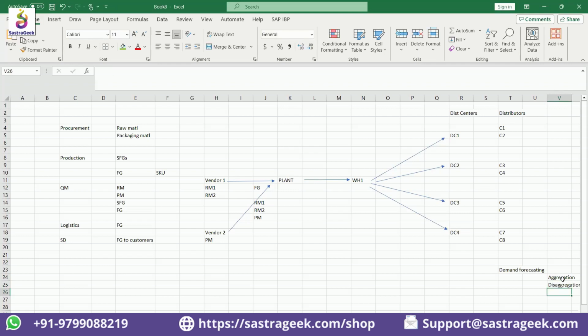Logically, when I sum up anything it becomes aggregation. When I try to split anything, it is disaggregation. Okay. We'll talk more about these concepts during the demand planning sessions. I'm just keeping some hints here so that we are familiar with the terminologies, and some questions might pop up out of curiosity so that we can cover those in detail.